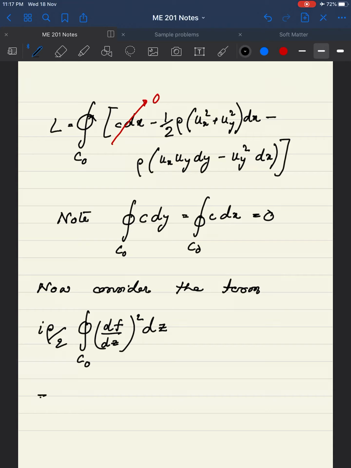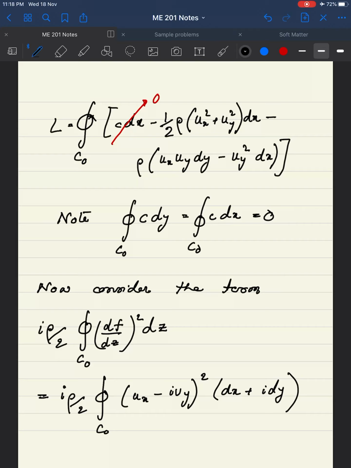This quantity is nothing but i rho by 2 integral over C0 of ux. We have already said what df by dz is, which is ux minus i uy, and this is dx plus i dy. Okay, so I'm sorry.